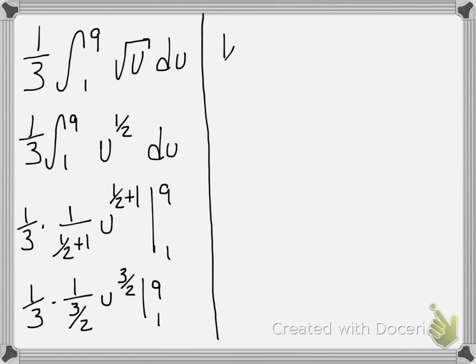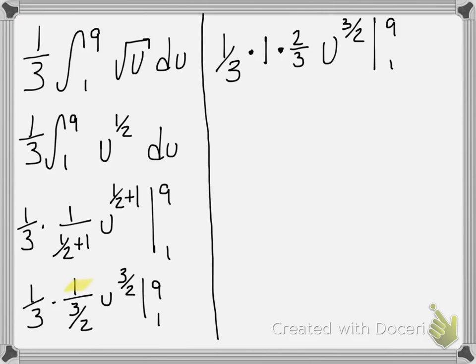So we're going to have 1/3 times, you keep the top part of the fraction right there, so you keep the 1, and you will change the sign, and then you will flip the bottom fraction, times u to the 3/2 from 1 to 9.